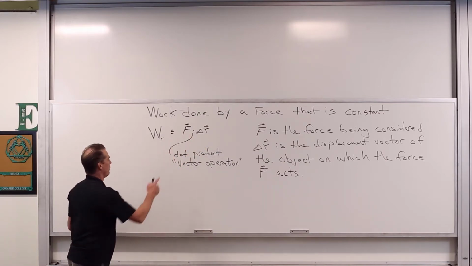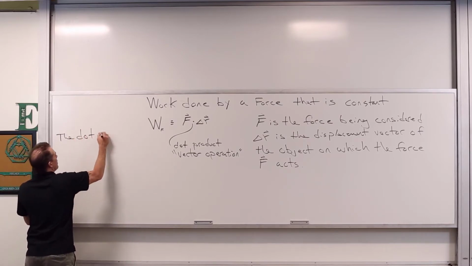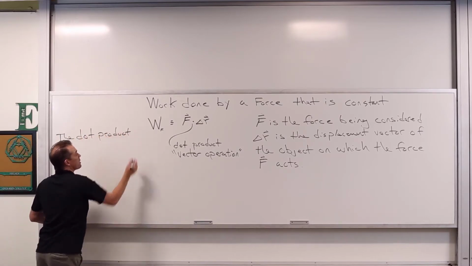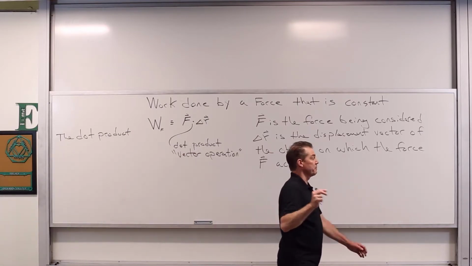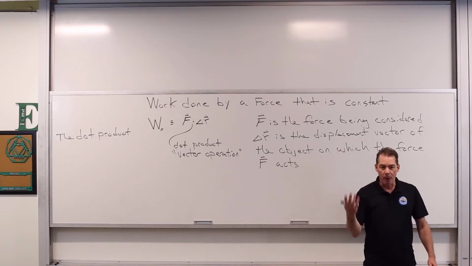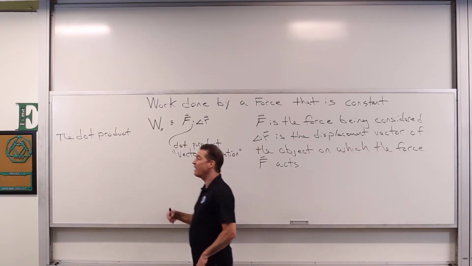Dot product. Well, the dot product does something very specific, and what it does is it picks out mutually parallel components between two vectors and multiplies them together, forming a scalar quantity.